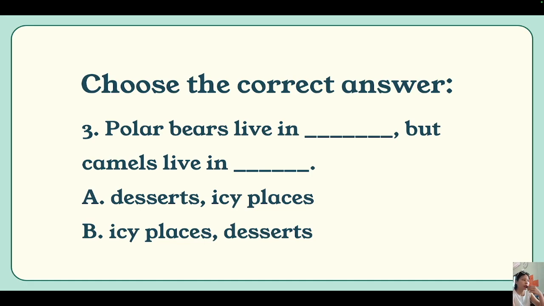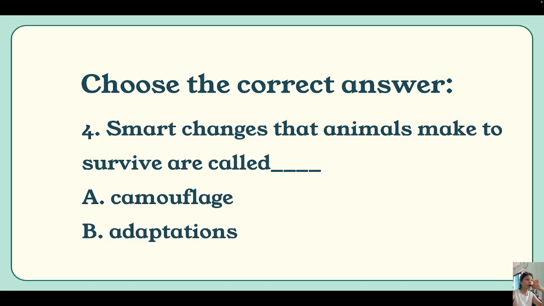And they can quickly choose B. And number 4, smart changes that animals make to survive are called... This is too hard for them, I promise you. But when I point to the text that has the keyword of the question, they did it. Adaptations. For this question, only half the class really did it.